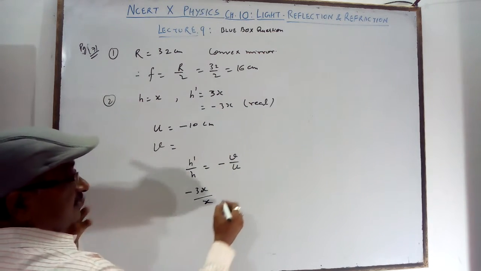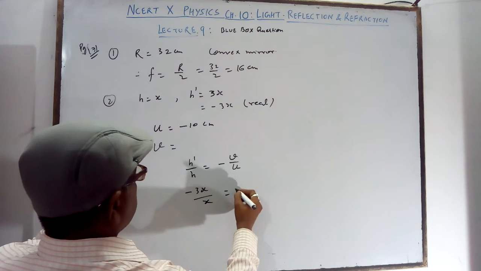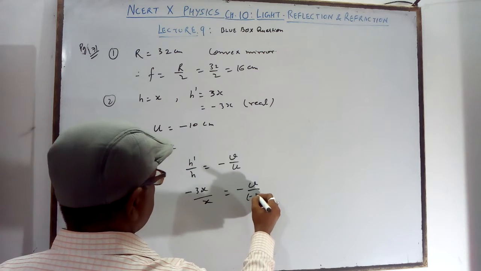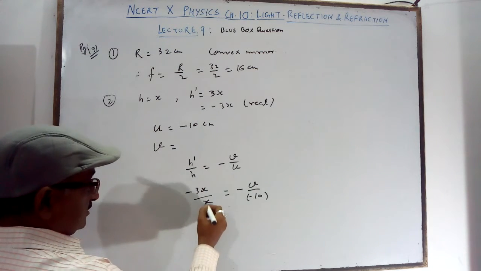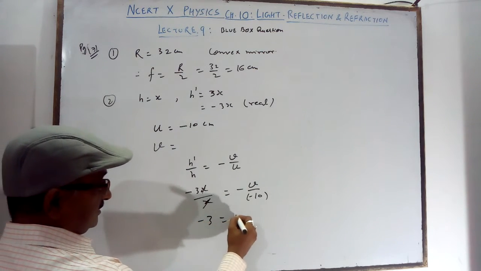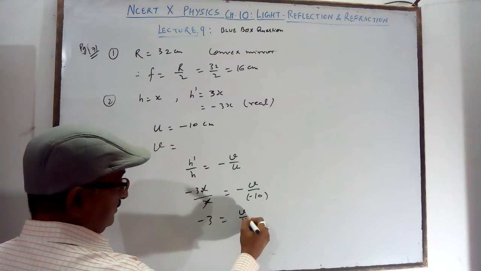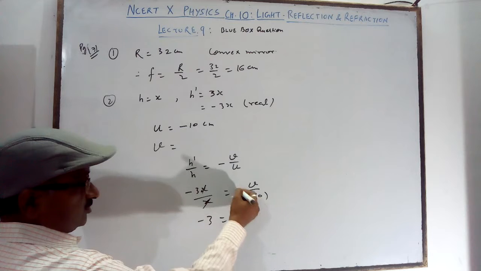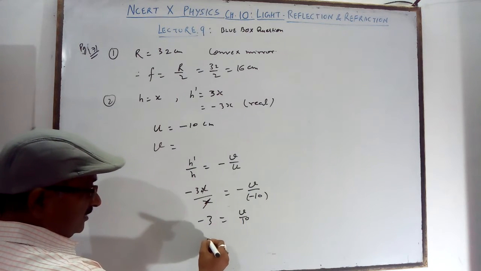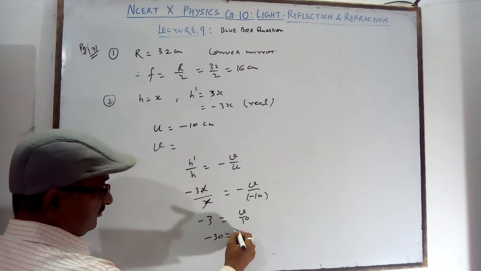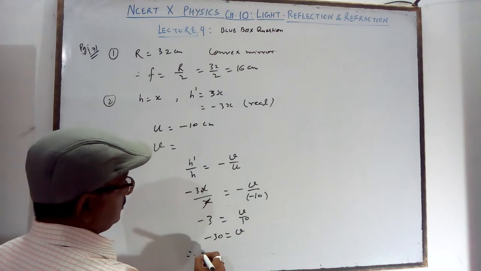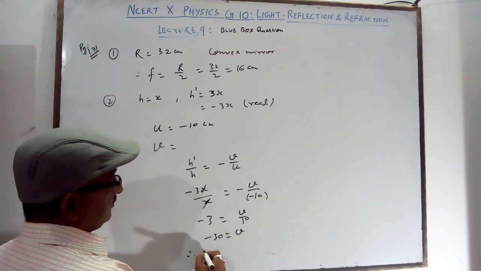Minus 3x upon x is equal to minus v by u, and u is again minus 10. So x and x cancel. Minus 3 is equal to minus v by minus 10, and minus and minus cancel, so you will get v upon 10. 10 times 3 is 30. So v is equal to minus 30.